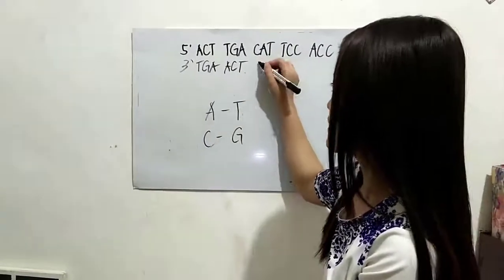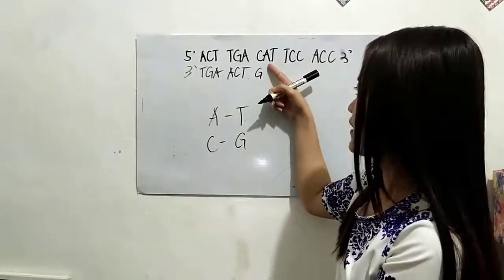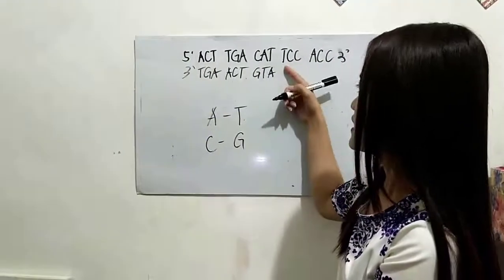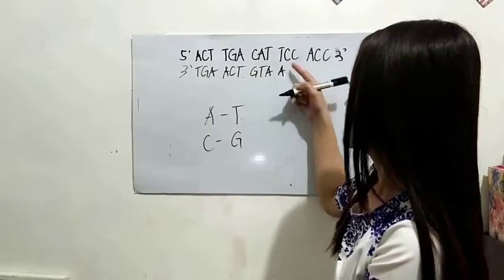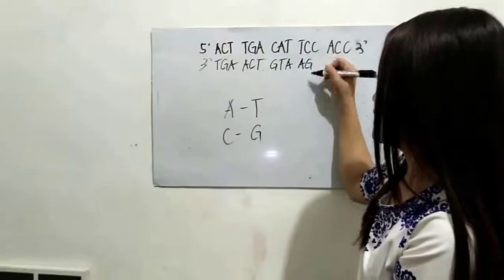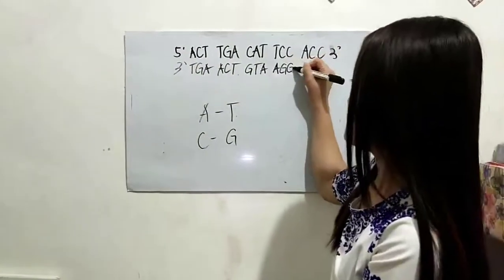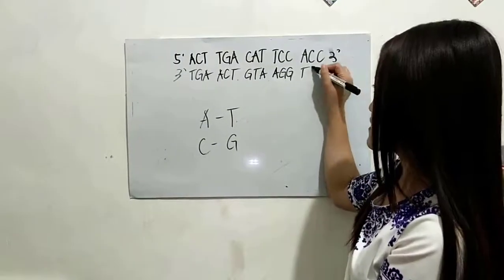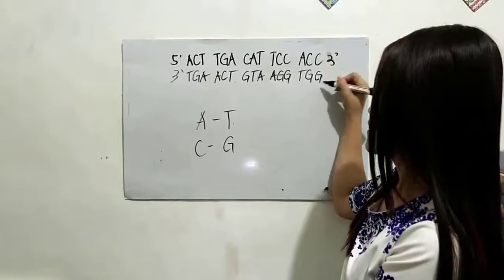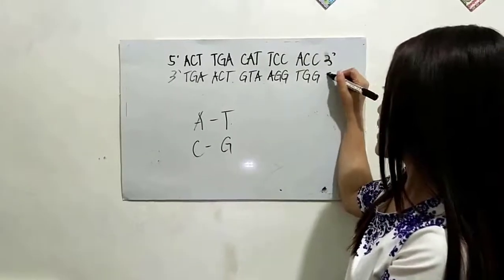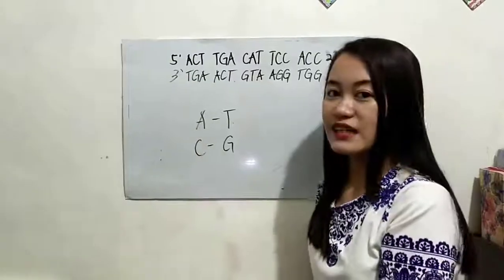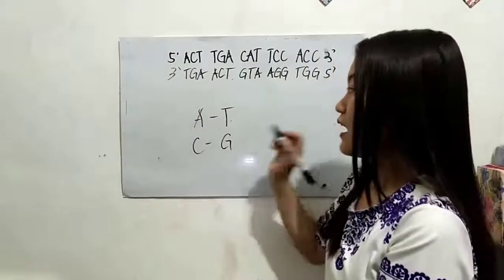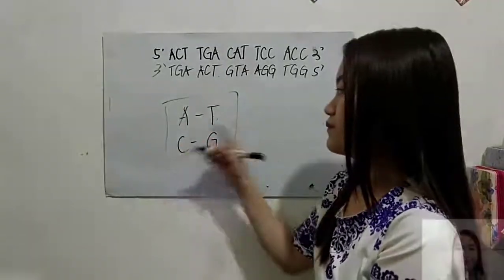Then, next is guanine. Base pair ng adenine, thymine. Base pair ng thymine, adenine. Okay, adenine. For cytosine is guanine. Okay, guanine ulit. For adenine is thymine. For cytosine is guanine and guanine. And then, for the last, we have 5'. So, ganyan lang kasimple. Basta lagi nyo lang tatandaan yung base pair nung dalawa.